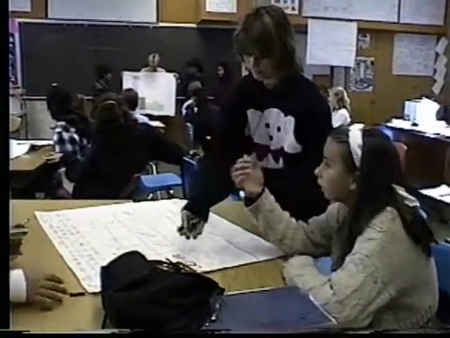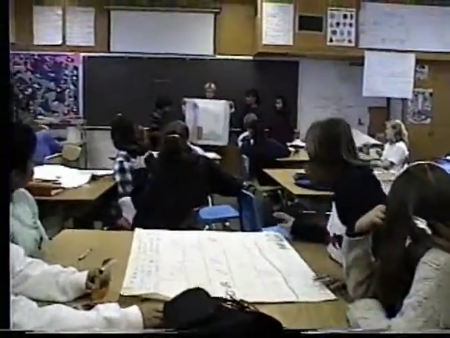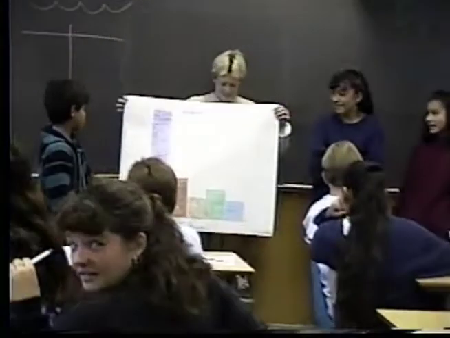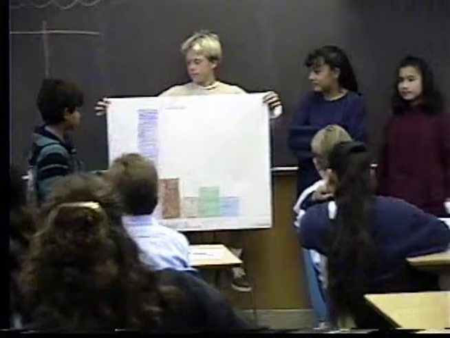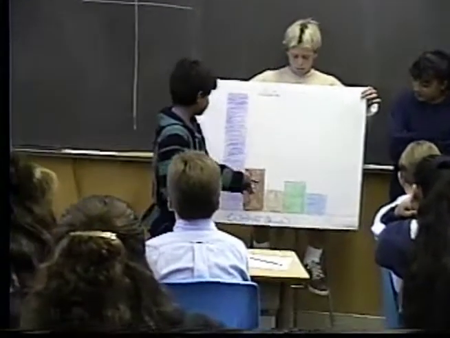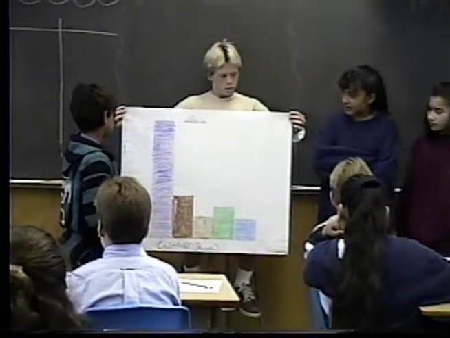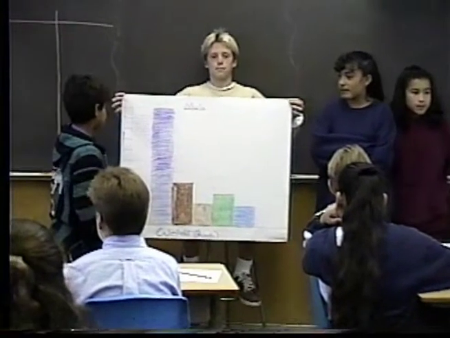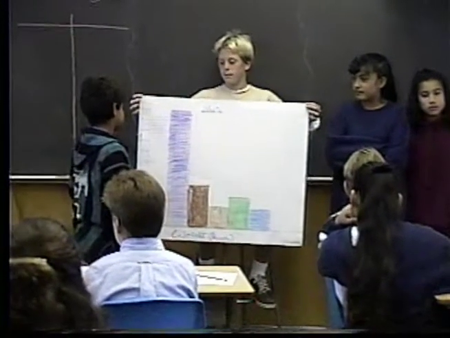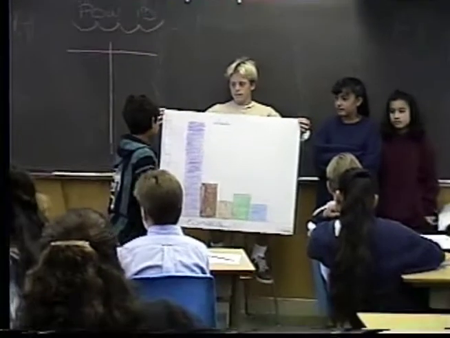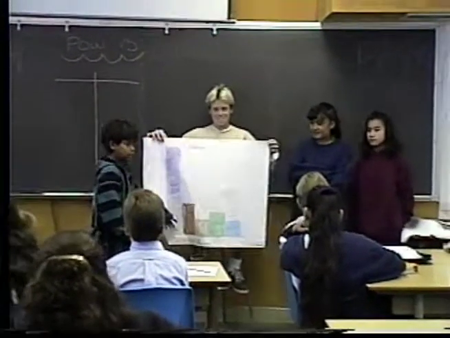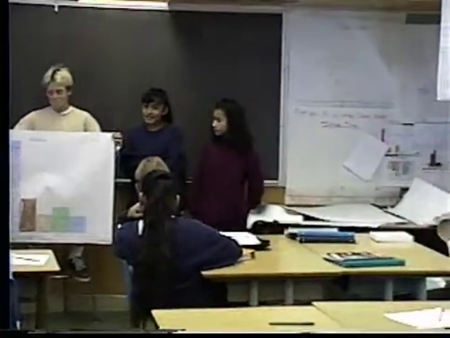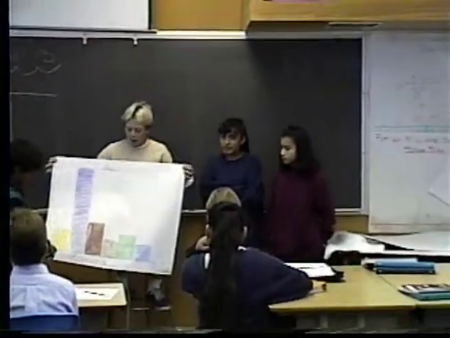Okay, this is our graph. It's a weight graph, with number of students, and this is the weight. This graph shows how much people weigh that are between 180 pounds and 199. That is the weight of most of these people. And this one right here only has 3 people between 80 and 99.